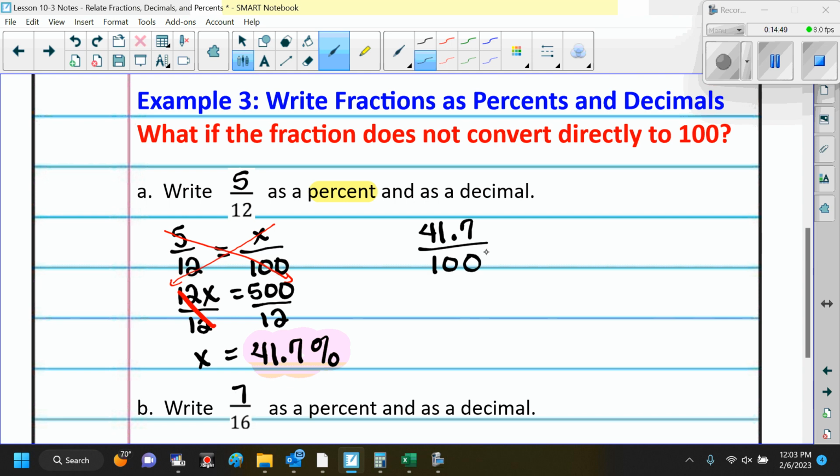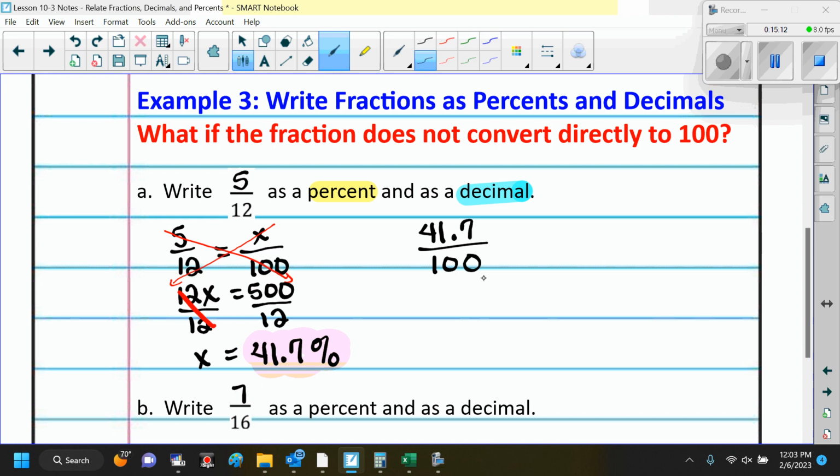Is everyone with me? Now, we can't have a decimal in a fraction, because then that would not be simplified. So we need that numerator to become a whole number.